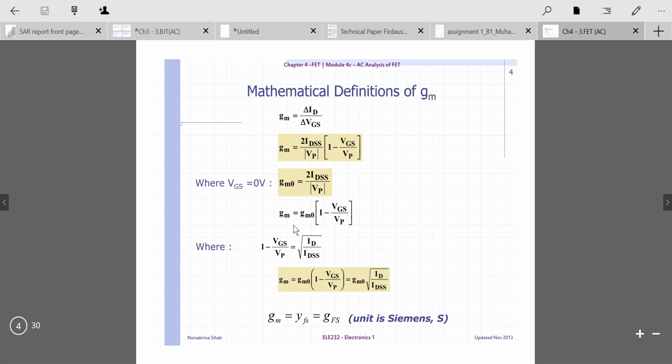So you know that gmo is 2 IDSS over the absolute of VP. By substituting this equation into this equation, you get gm equals gmo multiplied by 1 minus VGS over VP.